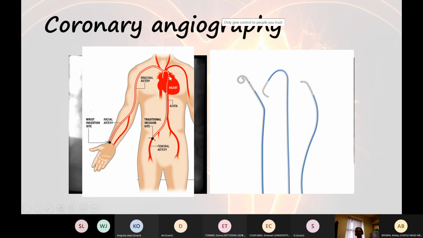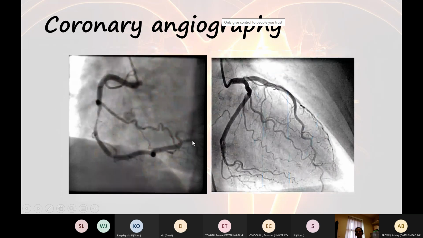So it requires quite a lot of manipulation sometimes to get it into the right spot, but once it's in there, we can take some pictures. And this is an example of a left coronary artery. So here we have the left main stem, the left anterior descending artery, the circumflex artery, and then the branches of the circumflex are called obtuse marginals. Branches of the left anterior descending artery are called diagonals.